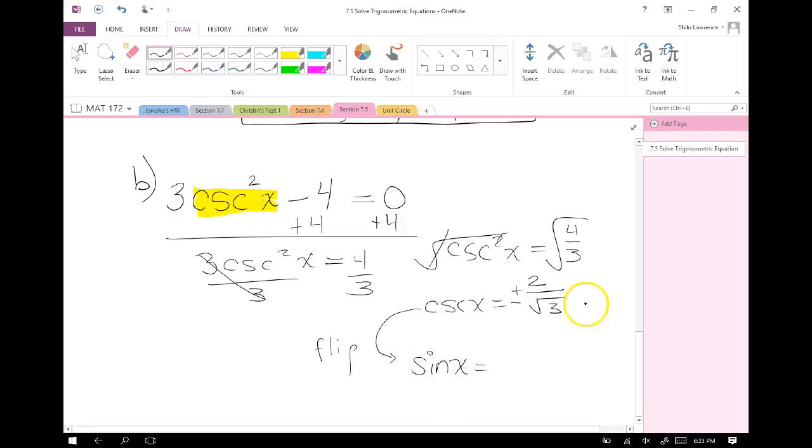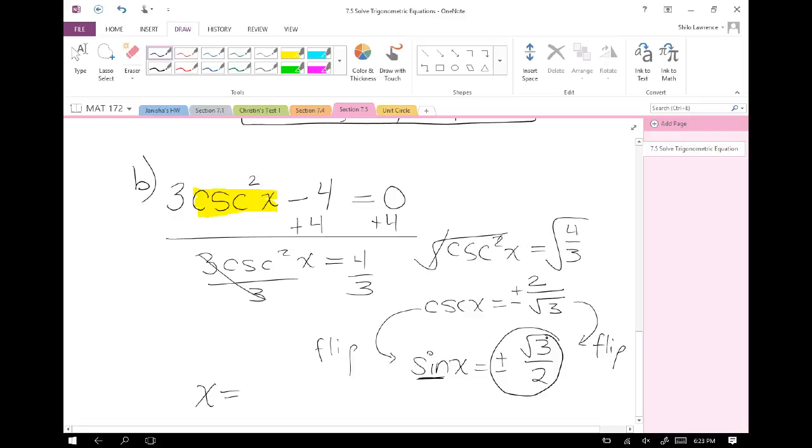And we're allowed to do that as long as we also flip this side. So if I flip that fraction, I get positive and negative radical 3/2. So our answers are the angles that have a sine value of either positive or negative radical 3/2.